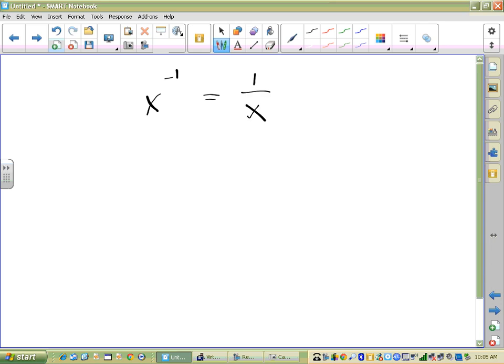Maybe the power is not 1. Maybe the power is unknown. In the general case where the power is unknown, but we do know that m is a natural number, x to the power negative m is 1 over x to the positive m. So for instance, 2 to the negative third power is 1 over 2 to the positive third power.